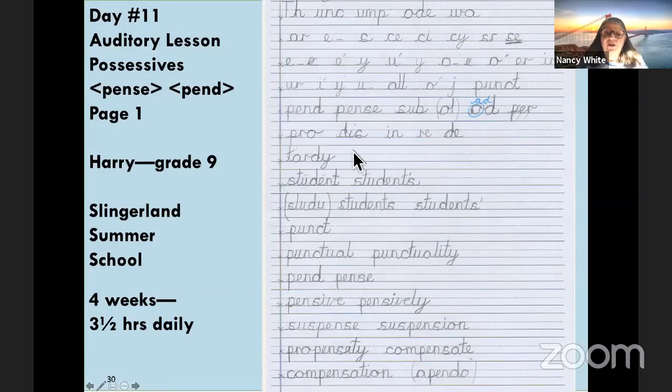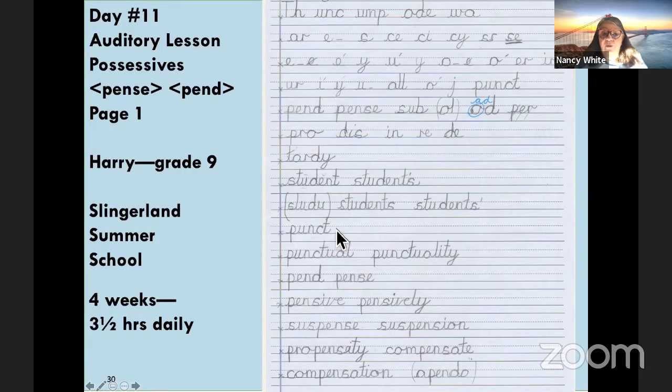Then he encoded tardy, and I asked him to encode and write student, and then to make the word student possessive. And that's the easiest way to do that. Write the word you want to make possessive, student, apostrophe S. Write the plural of student, students, make it possessive, then you simply add the apostrophe at the end.